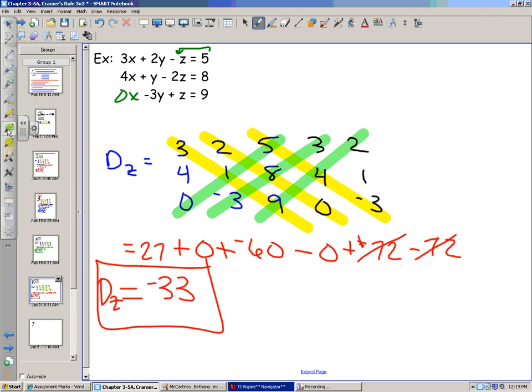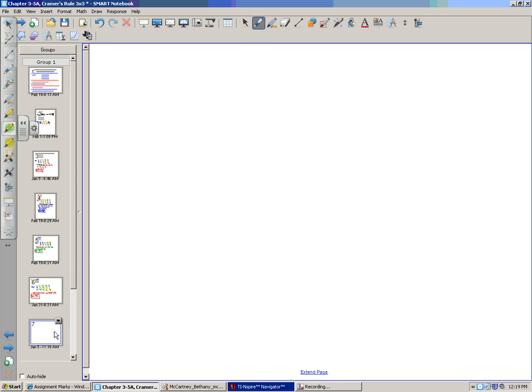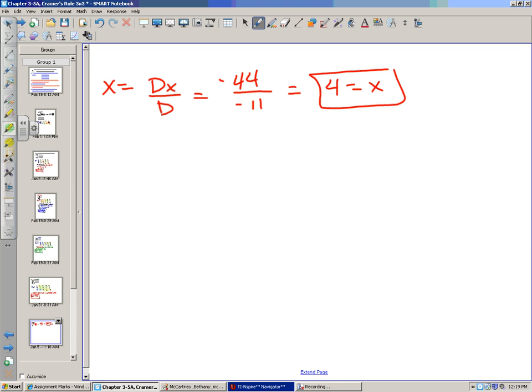Okay, I found d, dx, dy, dz. Now, I need my POI. How do I find my POI? X is dx over d. What is dx? Look at your paper. And what is d? Negative 11 to give you 4 as x. dy. Y is dy over d.